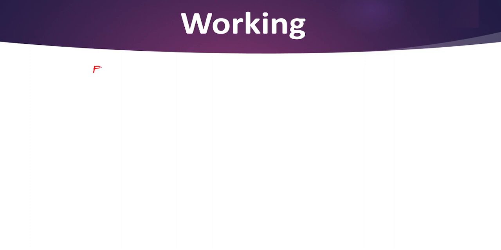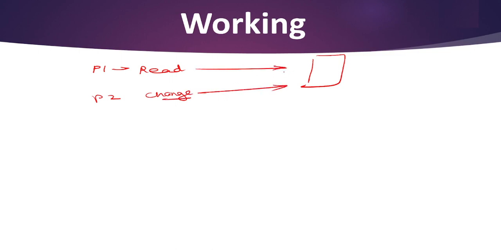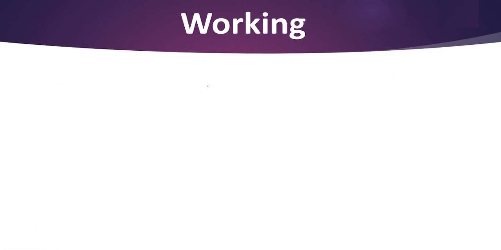For example, if a process P1 is trying to read the data present in a memory location, while process P2 is trying to change the data at the same location at the same point of time, there is a high chance that the data read by process P1 will be incorrect. So in this case, if P2 is changing it but P1 was reading it, the value can change, and the working of our whole system can change. Okay, let's see this with an example.